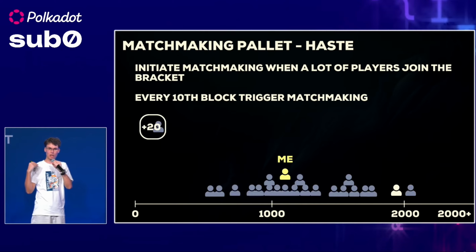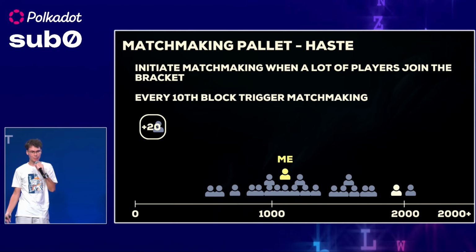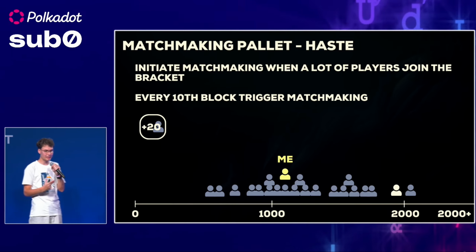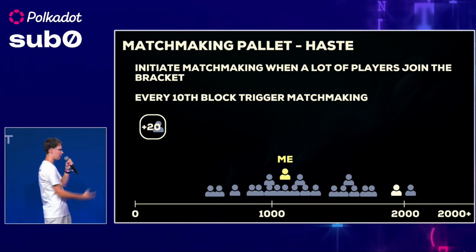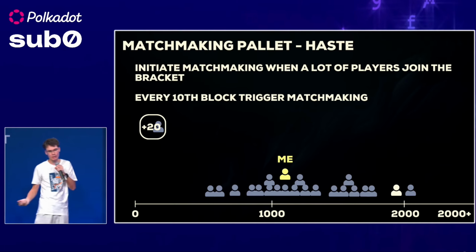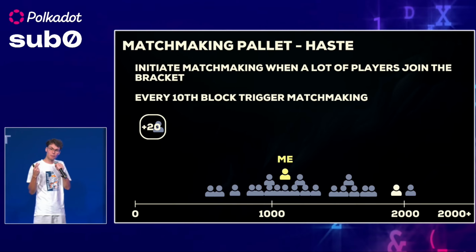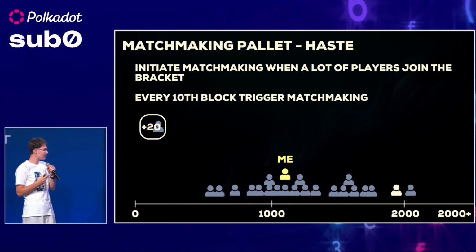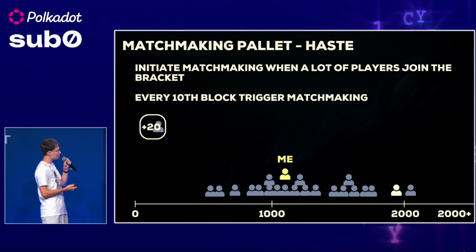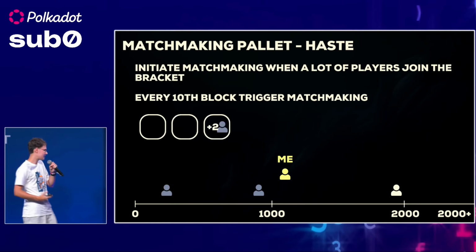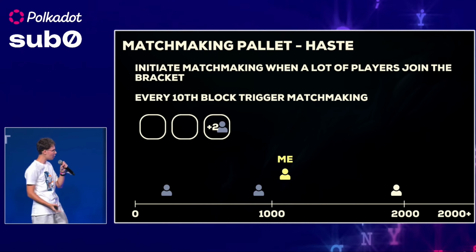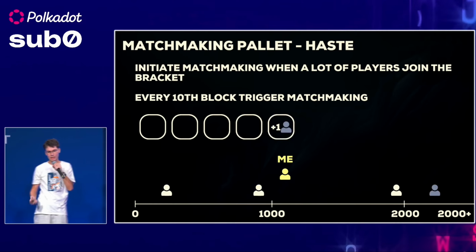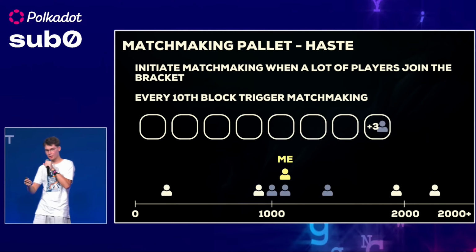So if a lot of players join at the same time, then we will initiate the matchmaking right away because we have got a lot of players to pair. So that's really good. But this is a very ideal scenario. In most cases, it will look like this. So maybe you will wait 3 blocks and only 2 players will join. Then you wait more, only 1 joins.